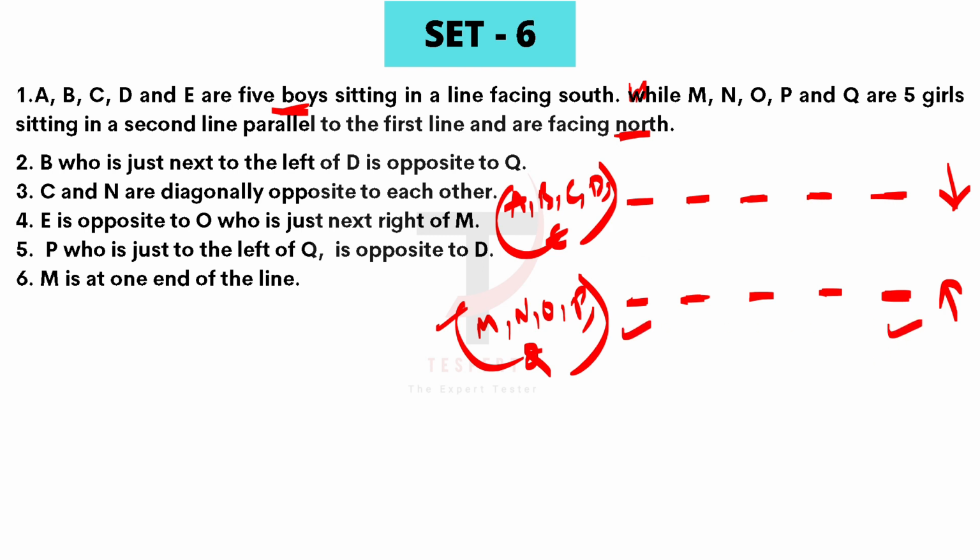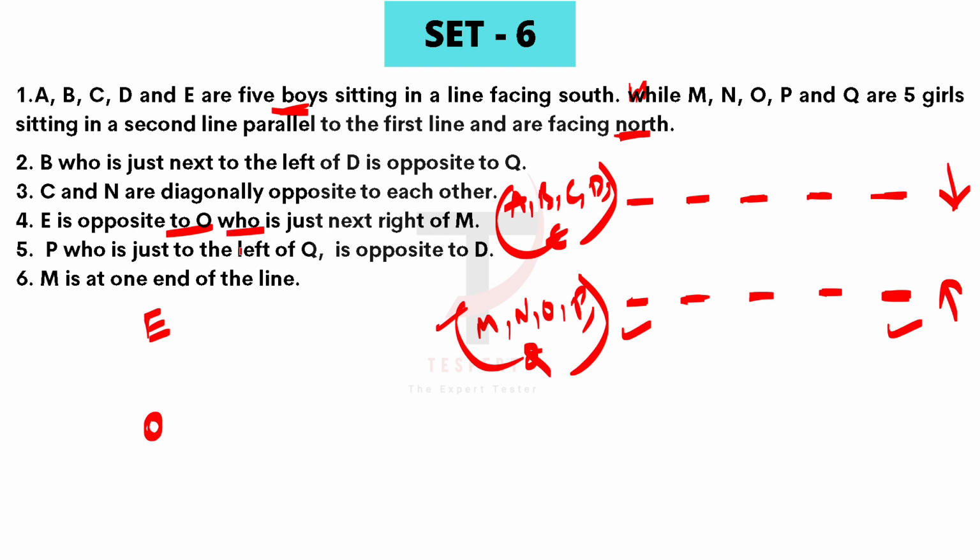But wait a minute. Also consider statement number 4. E is opposite to O, who is just next right of M. So E is opposite to O. In the previous set we saw the importance of who.